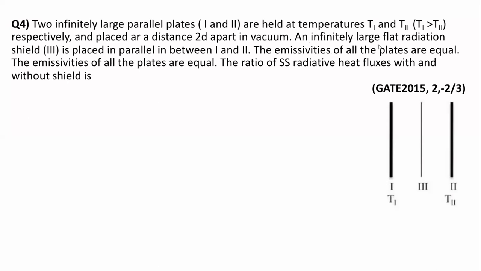An infinitely large flat radiation shield is now placed in parallel between 1 and 2, and the emissivities of all the plates are equal. The ratio of radiative heat flux with and without shield is what you are asked to calculate.